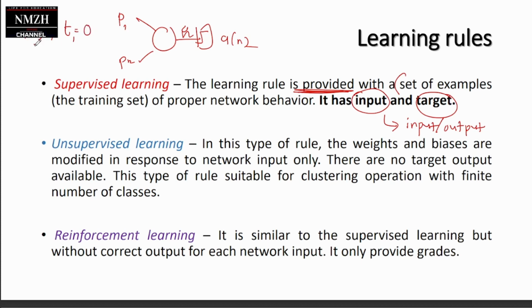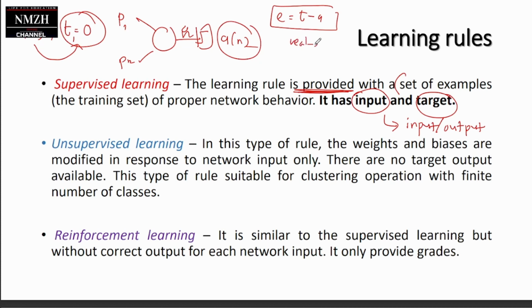So given this input, the target class is 0. As I mentioned earlier, E equals T minus A, right? The learning rule that we're going to discuss afterwards is basically about the difference between the target and the estimation, meaning the real and the estimation become an error. So that would be E equals T minus A.